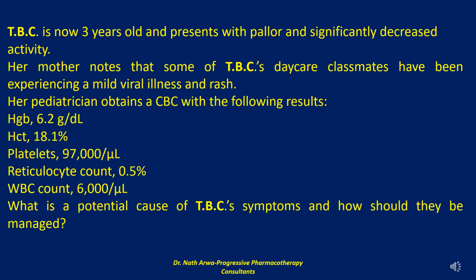Her pediatrician obtains a CBC with the following results: a hemoglobin of 6.2 grams per deciliter, a hematocrit of 18.1%, a platelet count of 97,000 per microliter, a reticulocyte count of 0.5%, a WBC count of 6,000 per microliter. So my next question to you reads: what is a potential cause of TBC's symptoms and how should they be managed?